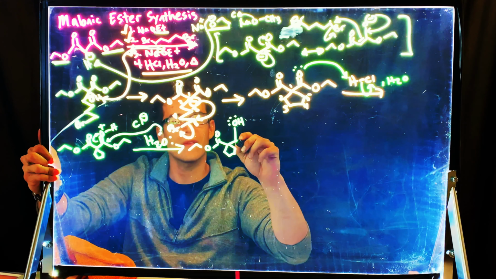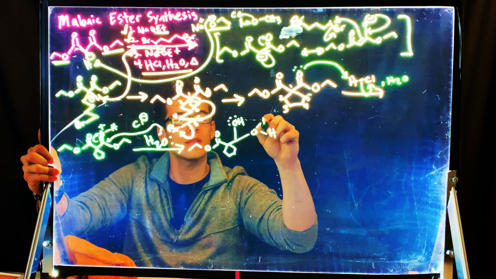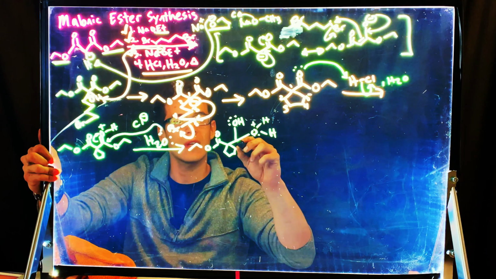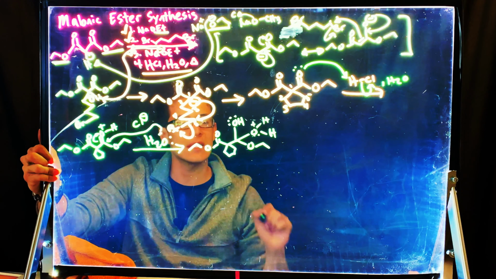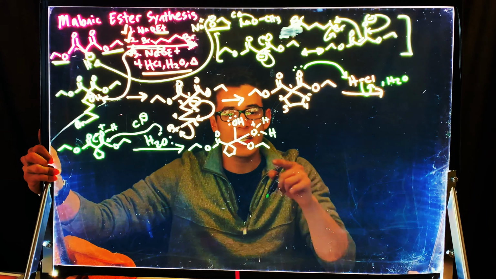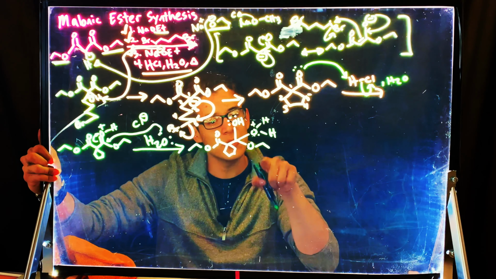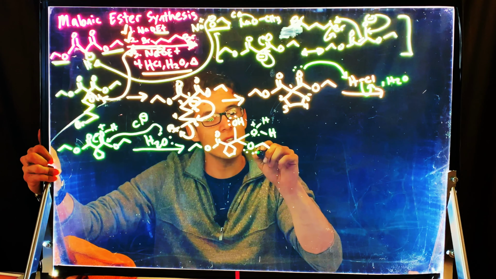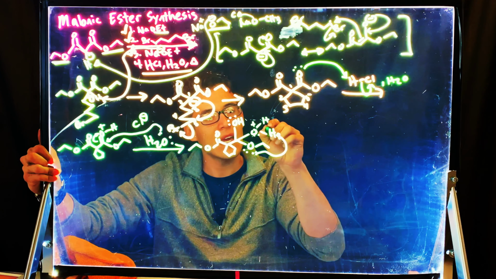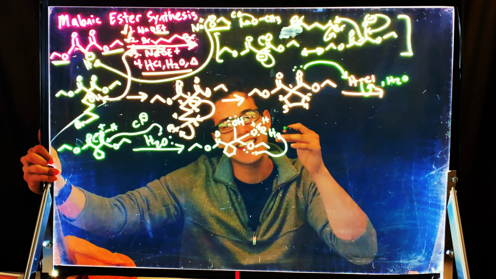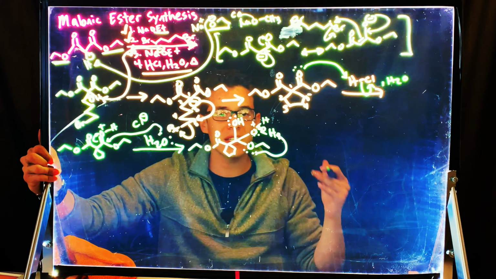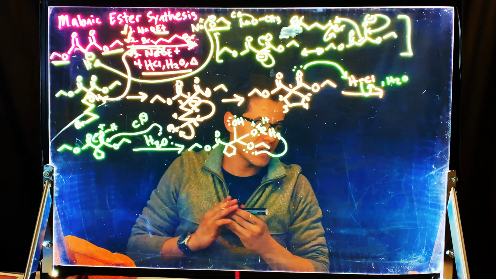Here is our new water group. And coming off this carbon, we still have our OCH2CH3. Now we can make this OCH2CH3 a good leaving group and fix this oxygen and make it happy again, because right now it only has 5 valence electrons and it wants to have 6.